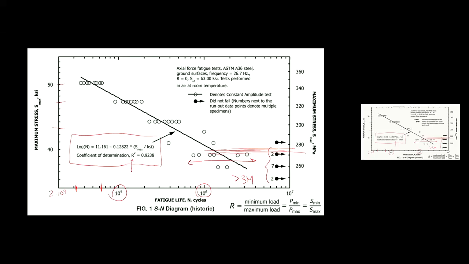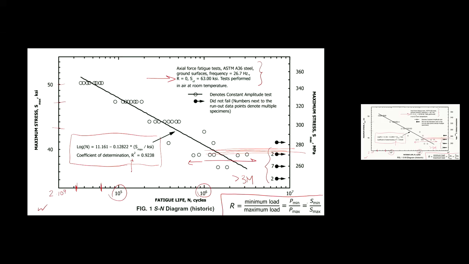And then up here, they list the test conditions. What's the material? Ground surfaces. What was the frequency of test? It says 26.7 hertz. It says R equals 0 here. So for R equals 0, we can go back, if we remember kind of our stress amplitude equations. I also put it here on the bottom right.